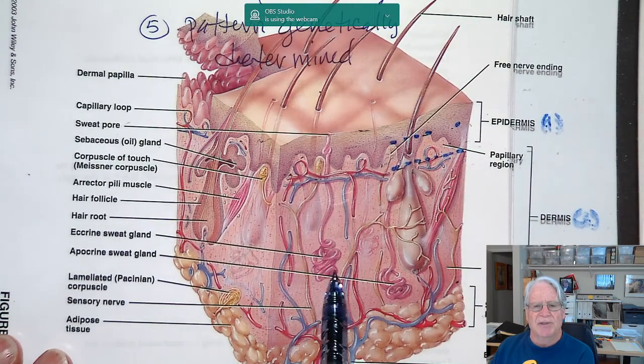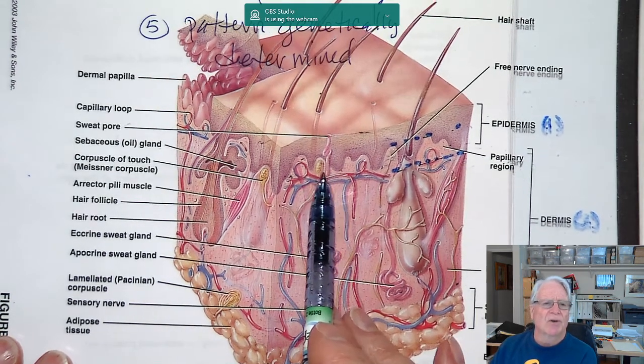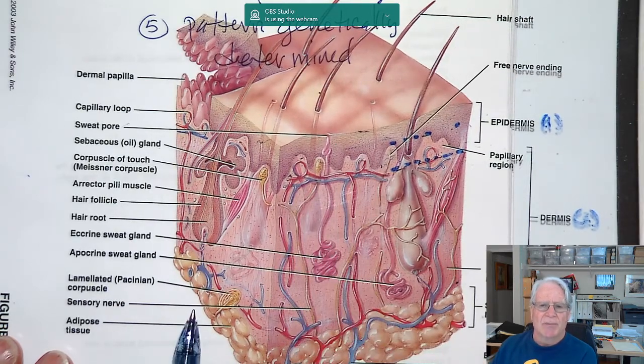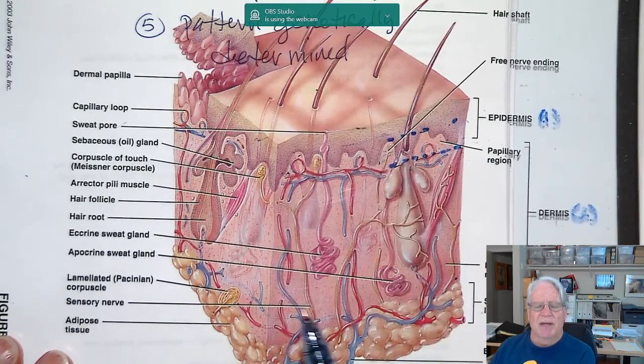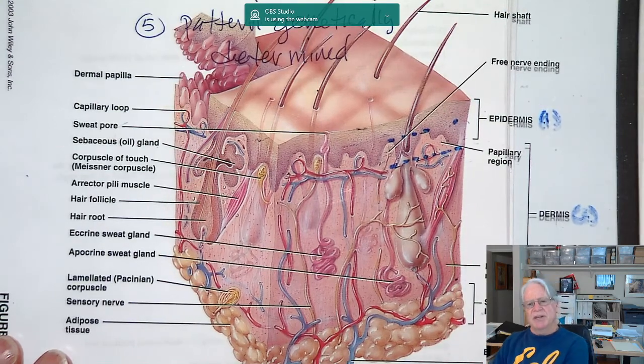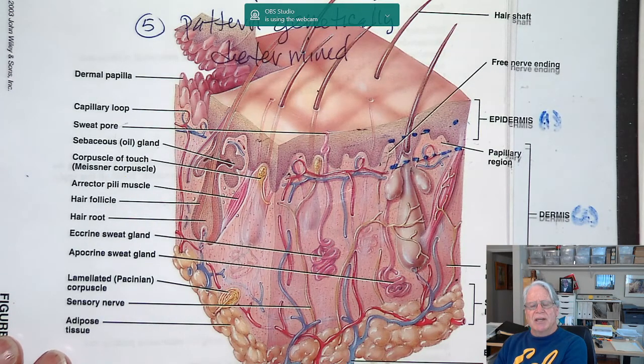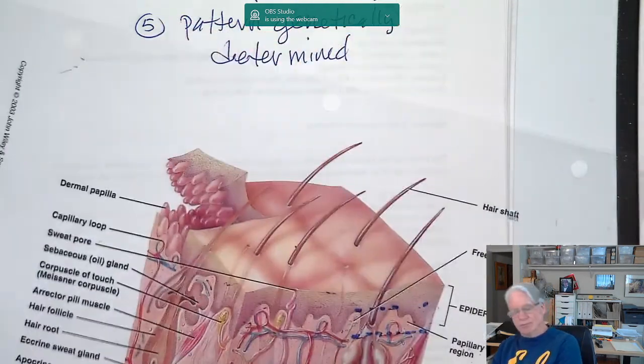We'll describe the difference of those in just a bit. And we have the corpuscles of touch and the free nerve endings. As well, of course, as the blood vessels that we find in this region. So all of that, a lot of complexity there, a lot of structures, and that's what we've covered so far.